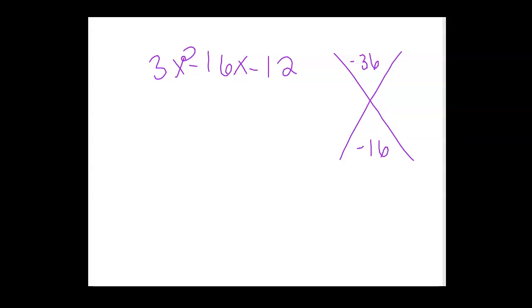So you need two numbers that multiply to negative 36 and add to negative 16, where one is going to be negative and one is going to be positive. Okay. There we go. So it's 18 and 2.